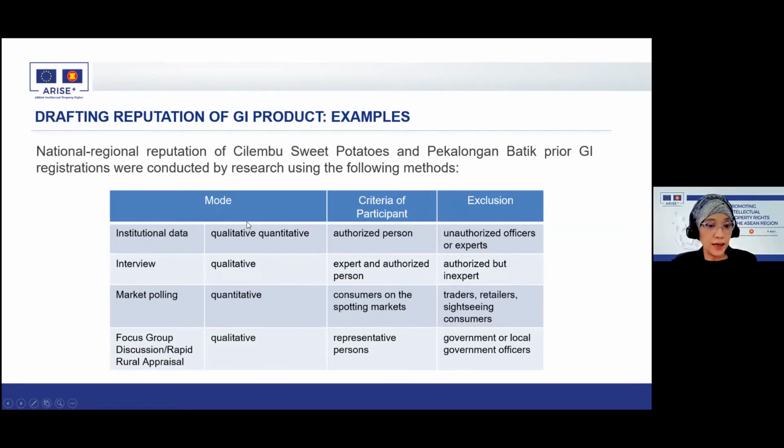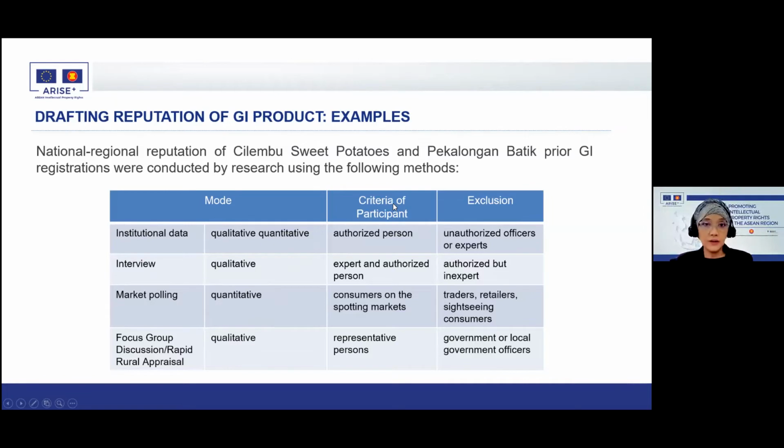The research can be conducted by obtaining institutional data from the institutions, both qualitative or quantitative data. It can also be conducted by interviews, market polling, research on consumers, and can also be conducted by focus group discussions or rapid rural appraisal.